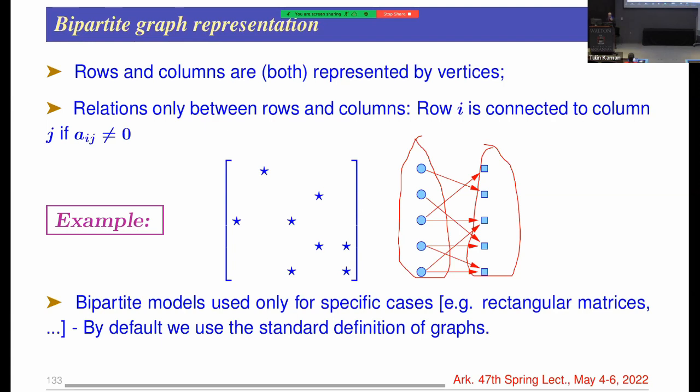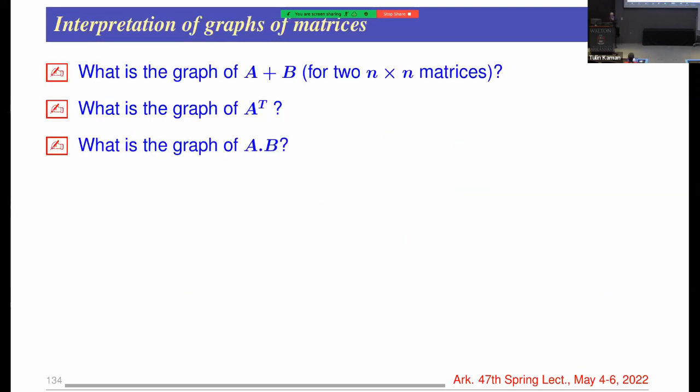Okay. All right. So the next thing I will ask is about interpretation of graphs with respect to matrices. For example, if I gave you 2 adjacency graphs, A and B, so you have two graphs associated with A and B. What is the graph of A plus B?